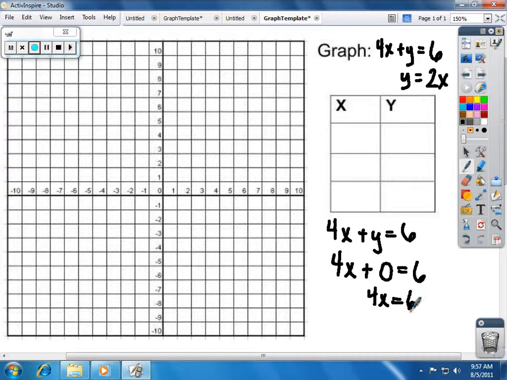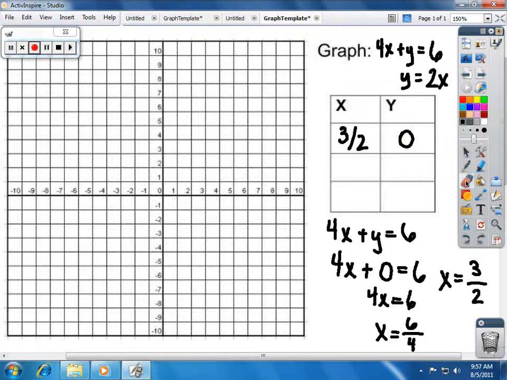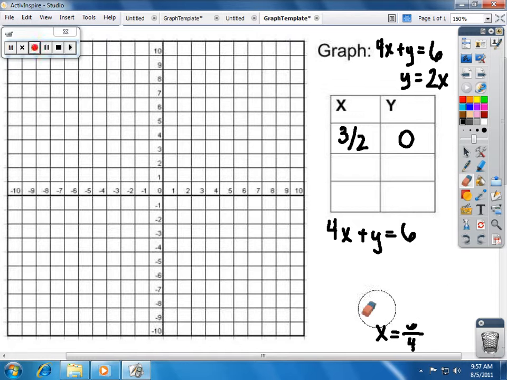If we divide both sides by 4, we'll have x equals 6 divided by 4, which can be reduced to x equals 3 over 2, or 3/2. So our x-intercept is at 3/2, 0.